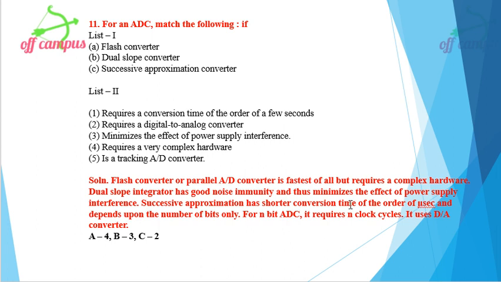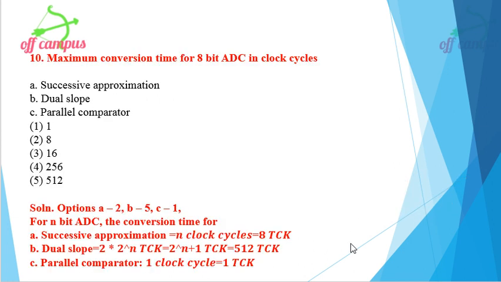It has shorter conversion time, order of microseconds, and depends on the number of bits only. Then for an n bit ADC, it requires n clock cycle. Previously we have seen for n bit it is n clock cycle, maximum n clock cycle.